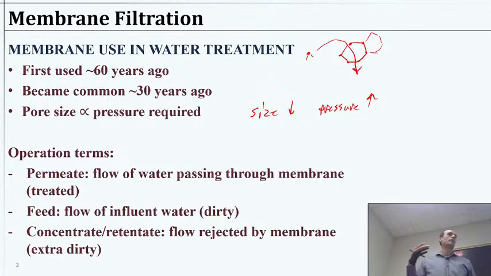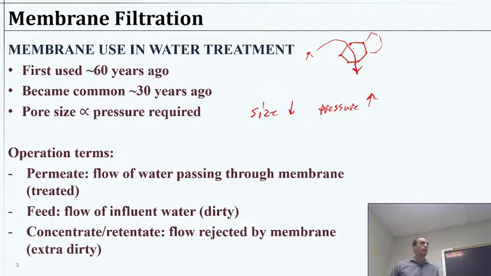Let's say we wanted in a lab to concentrate a culture of bacteria. We might use a filter to collect the bacteria in a smaller volume of water. So in that case, we don't really care about the permeate. So depending on what we're looking at, this treated just means we've removed stuff out of it.